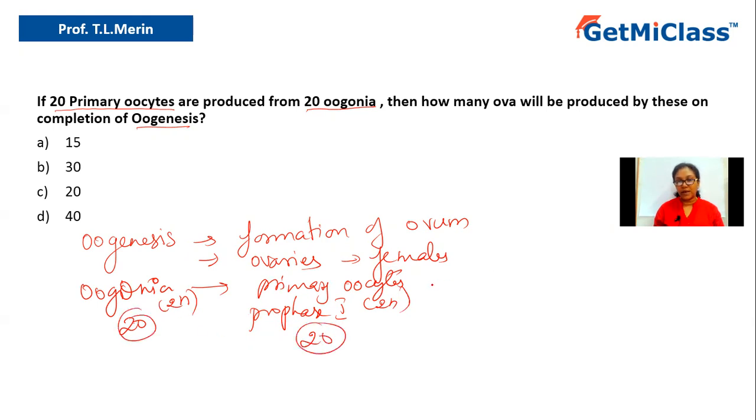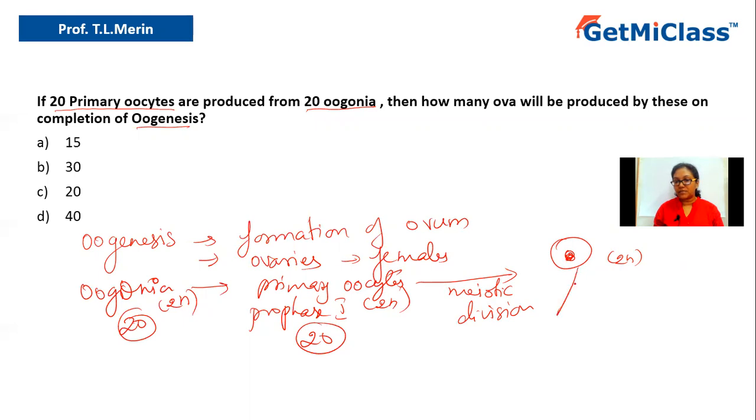Now each primary oocyte will further undergo division and complete the meiotic division. Suppose this is the primary oocyte, which is 2n in chromosome number, and totally we are talking about 20. So let us talk about one individual primary oocyte.